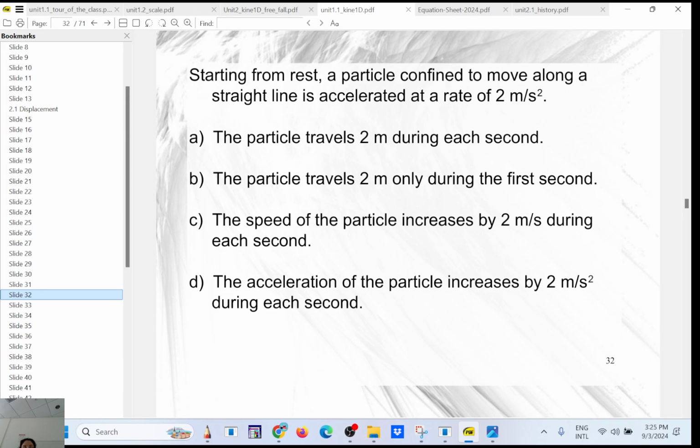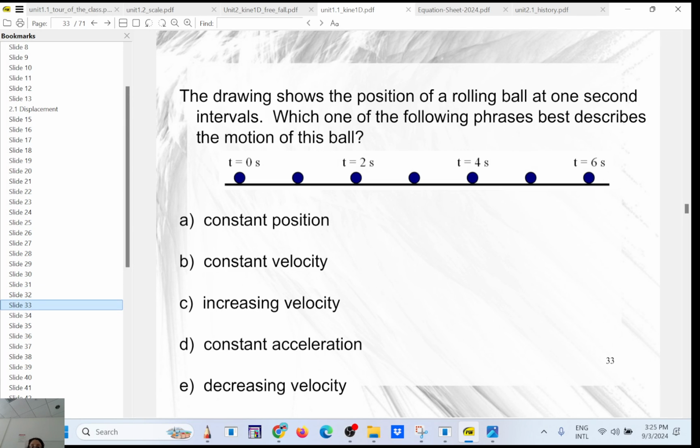Oh, what about here? So t equals 0 is going to be here, t equals 1, t equals 2. Is the position constant? No, right? It's moving. Is there an acceleration?